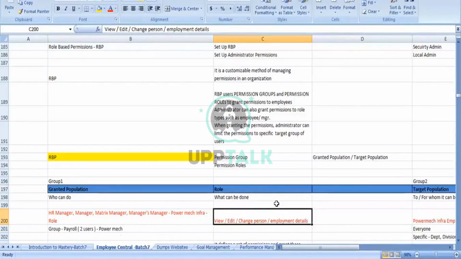And the role. What is the role? It means you have edit permission, change permission, view permission. That is defined in the role.